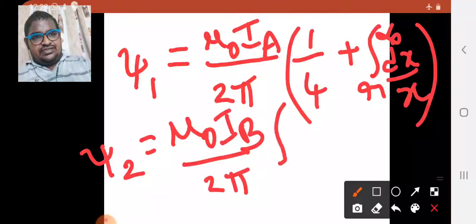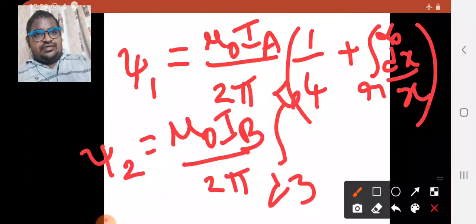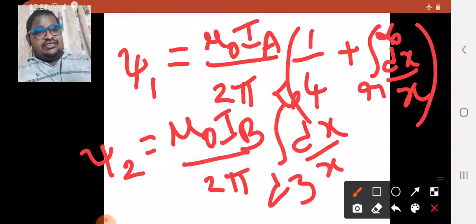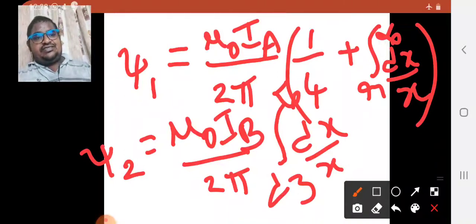So hence it is D3 to infinity dx by x. And similarly, what is psi 3? Psi 3 is the flux linking with conductor A due to the flow of current in the C conductor.